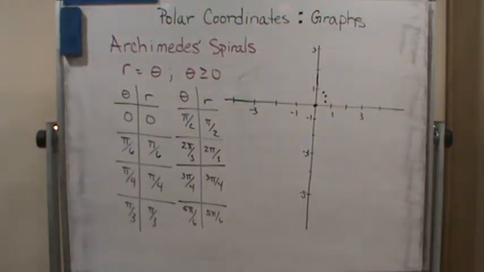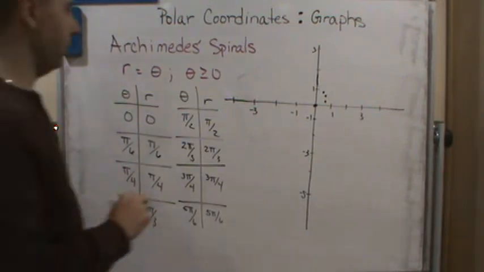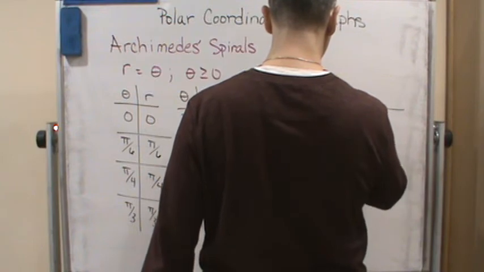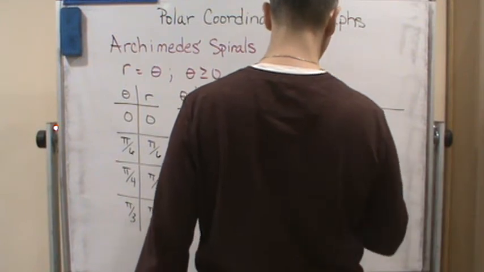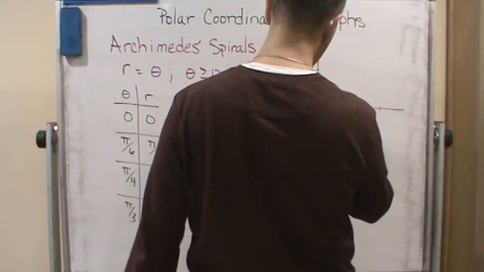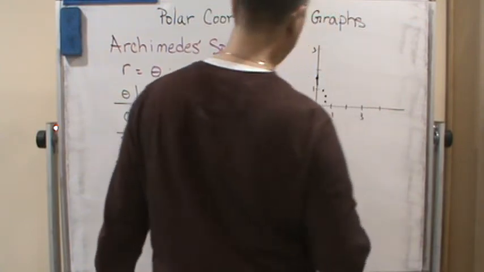And then at pi over 2, that's 1.57, so that should probably be here.